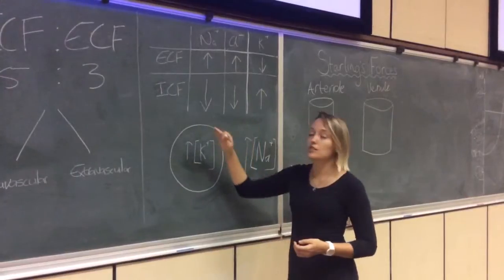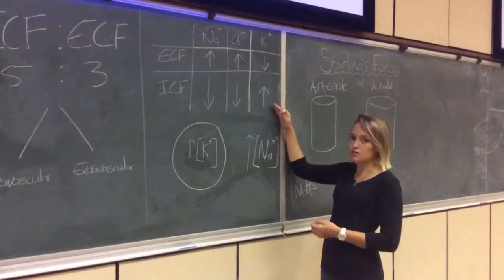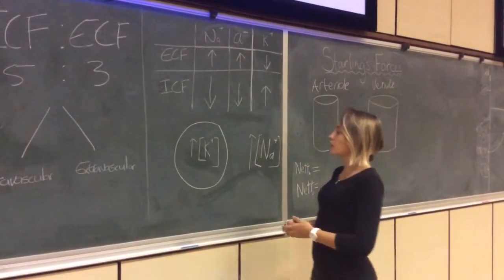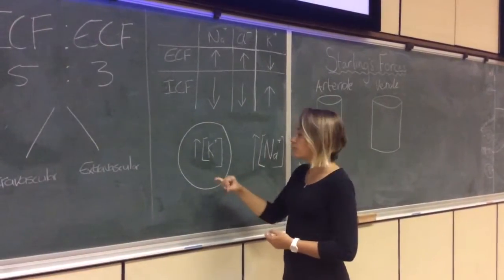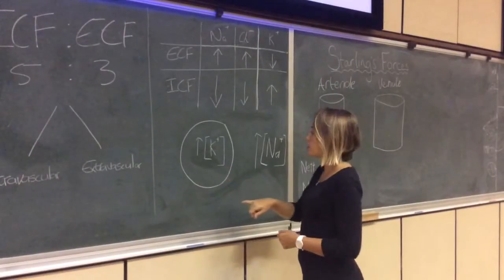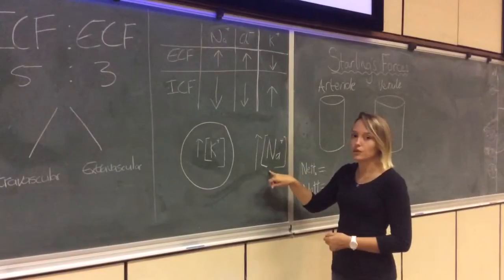But in the intracellular fluid, you have a high concentration of potassium ions, okay? So essentially, if this is our cell, inside the cell we have a high concentration of potassium ions. And outside the cell, we have a high concentration of sodium ions.